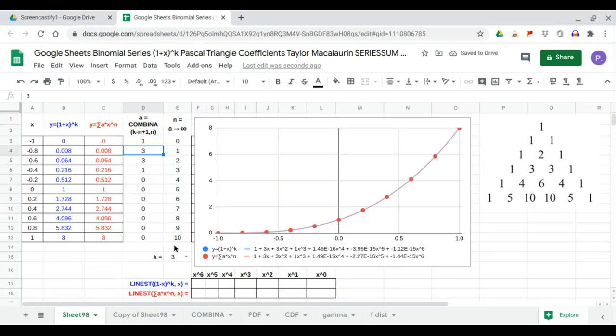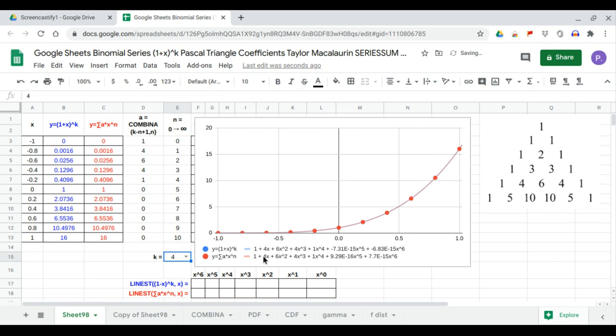Now it's correct. So if it's greater than k, this should be 0. Now we can continue with 4. So we have the coefficients of the Pascal triangles: 1, 4, 6, 4, 1. That's the Pascal triangle coefficient.